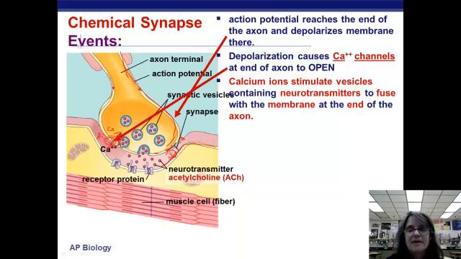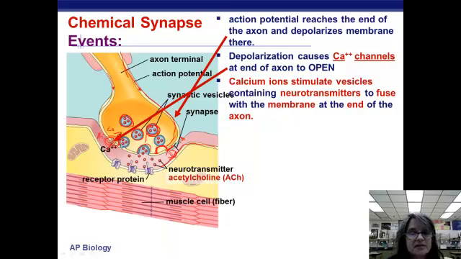Okay? Now, what the calcium ions do is they cause little vesicles that are always floating in the end of the axon to march up to the end of the axon and fuse with it. So this little bubble would come up here and fuse with the end of the axon. Now notice these little vesicles are containing something, these little red dots.